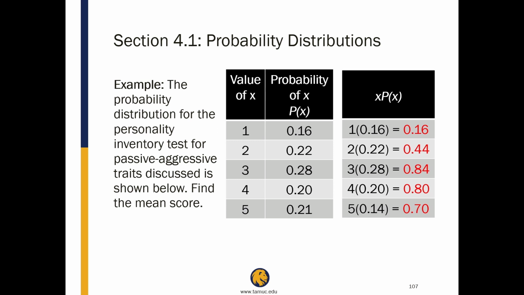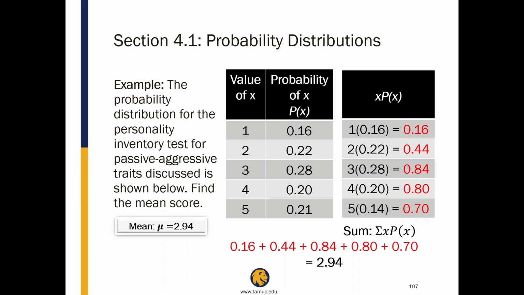Those numbers that we get after multiplication are then added together to take the sum. So adding them together gives us 0.294. And this is what we call the mean of the random variable x. Mu equal to 0.294.